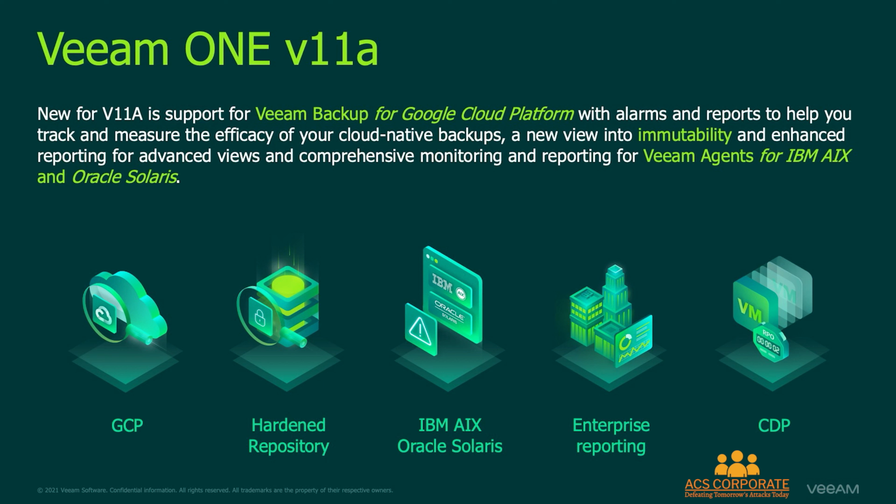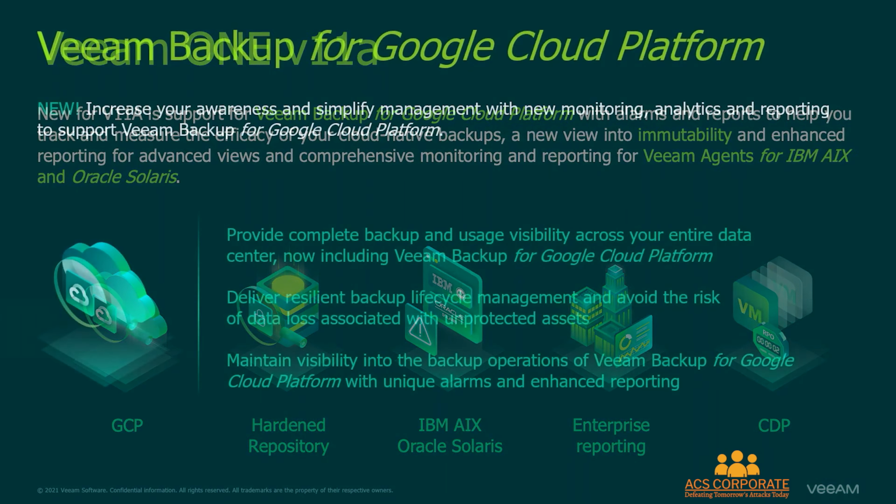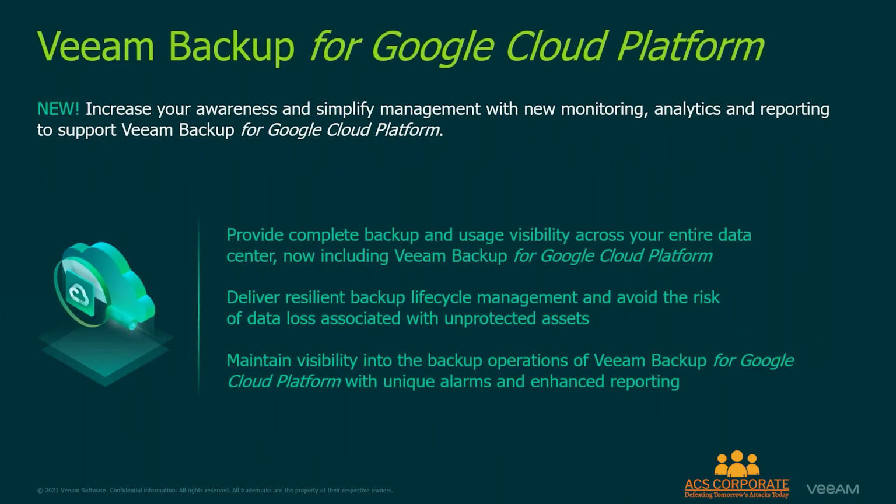So when you look at this backup set of capabilities, it's very natural and expected that you're going to see Veeam ONE come in with these monitoring, reporting, and alerting capabilities that help close the loop when you deploy these backup solutions. So GCP, really important if you're using that cloud.